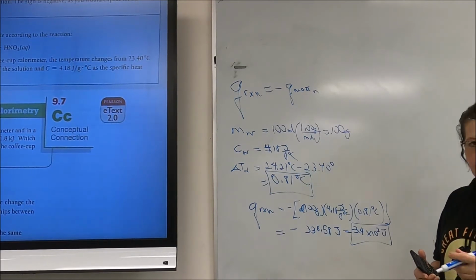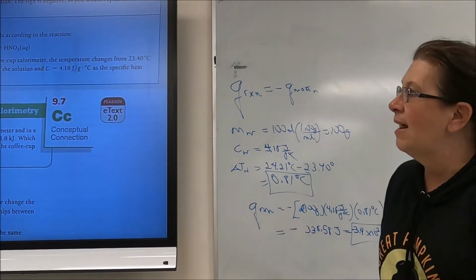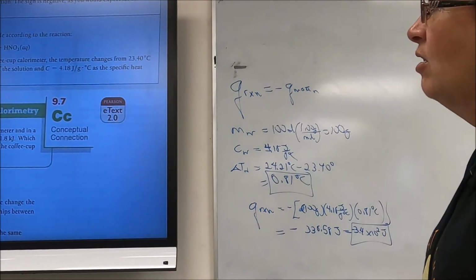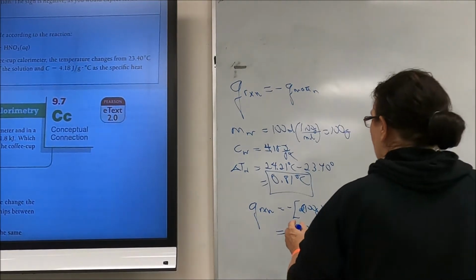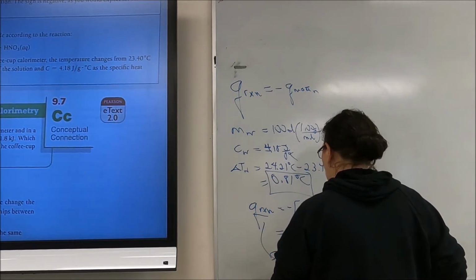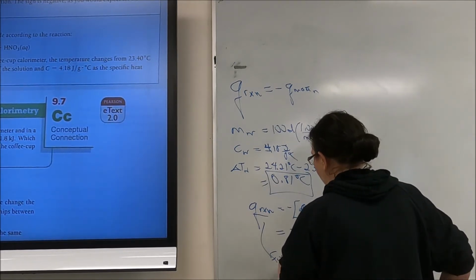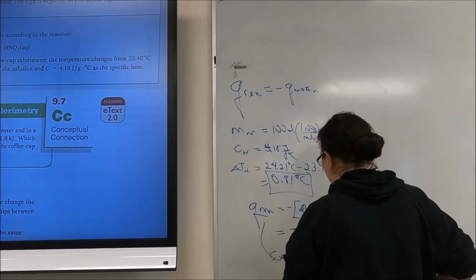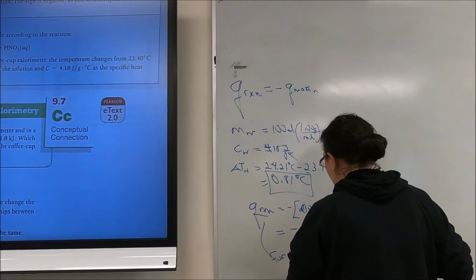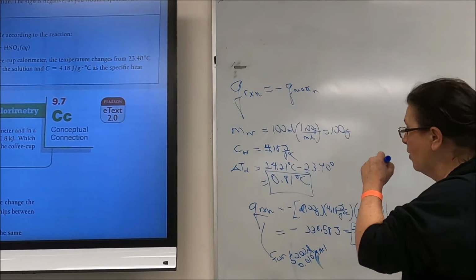It released energy. Okay? Now we found the Q, but this problem wants us to go one step further. It wants us to find the delta H for the reaction. Well, this Q is for 50 milliliters of 0.10 molar HCl reacting with the same amount of silver nitrate.